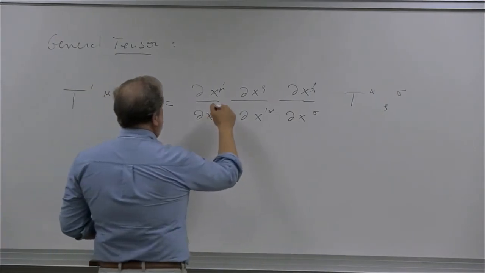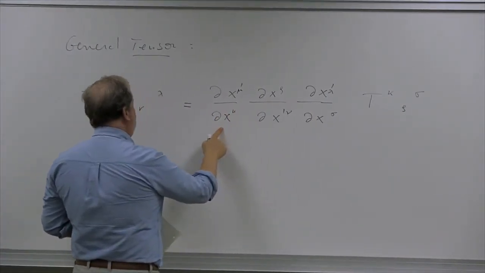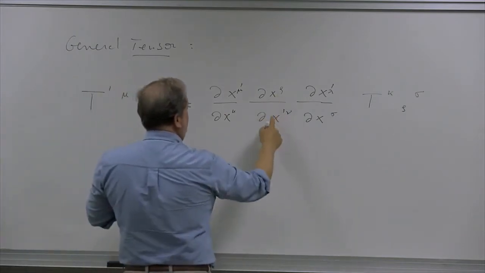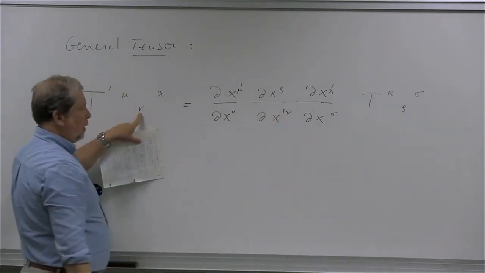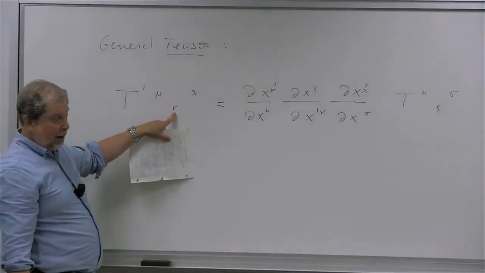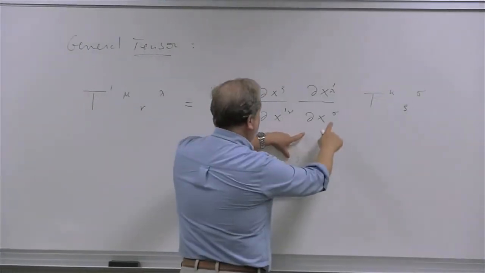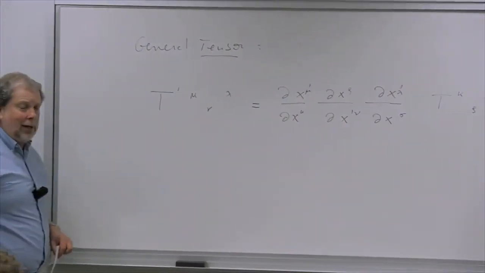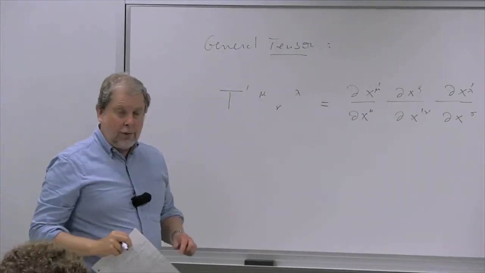Right, so you notice here that that's dx prime by dx, which is appropriate for a contravariant quantity. You have a dx by dx prime for this index here, which is appropriate for this covariant index. And you have a dx prime by dx, again, for a third index, which is appropriate for a contravariant index. So that is the definition of a general tensor.